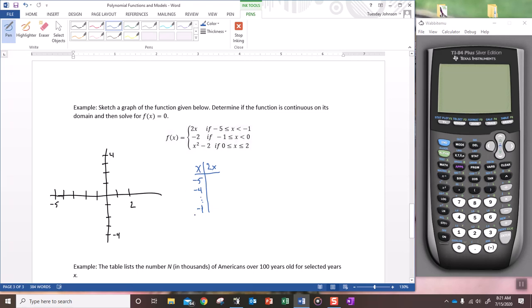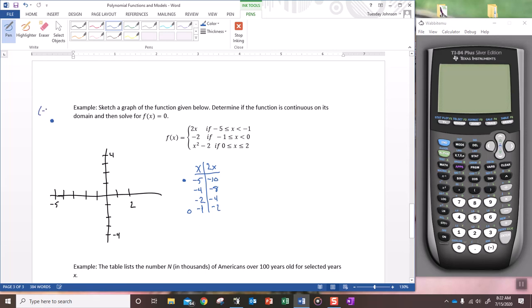So I'm going to put an open circle to remind myself that I cannot equal negative 1, but I could get super close within a little circle of it. Negative 5 has an equal sign, so I'll use a solid dot. When I evaluate, I get negative 10, negative 8, all the way down to negative 2. So it looks like I will probably need to use a couple of these values. Negative 5, negative 10, that's going to be up here somewhere.